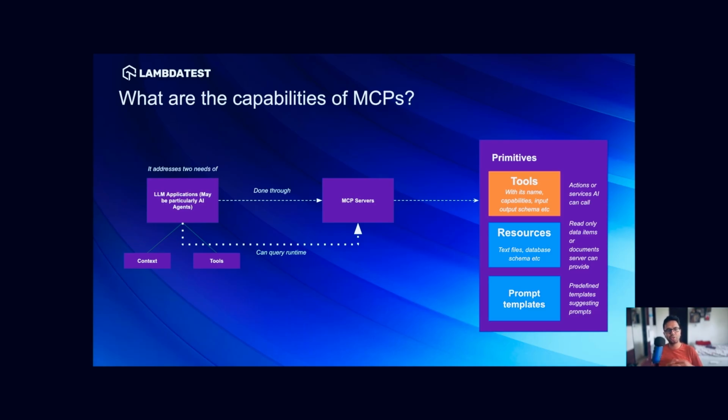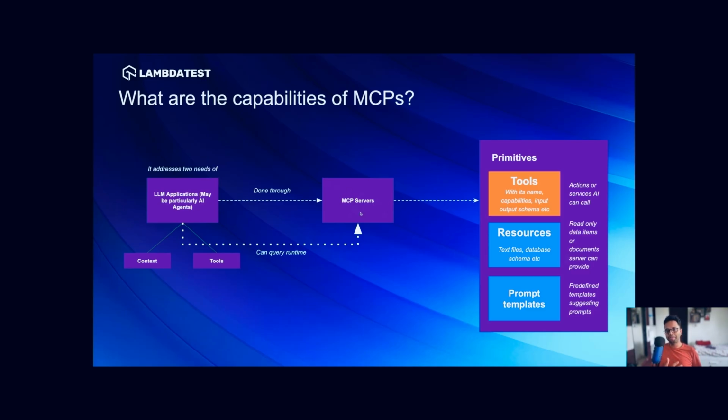It addresses two different needs of agents. One is providing context, and the second is providing tools to do certain things, depending on what agents you're building. And that is done via the MCP servers here.